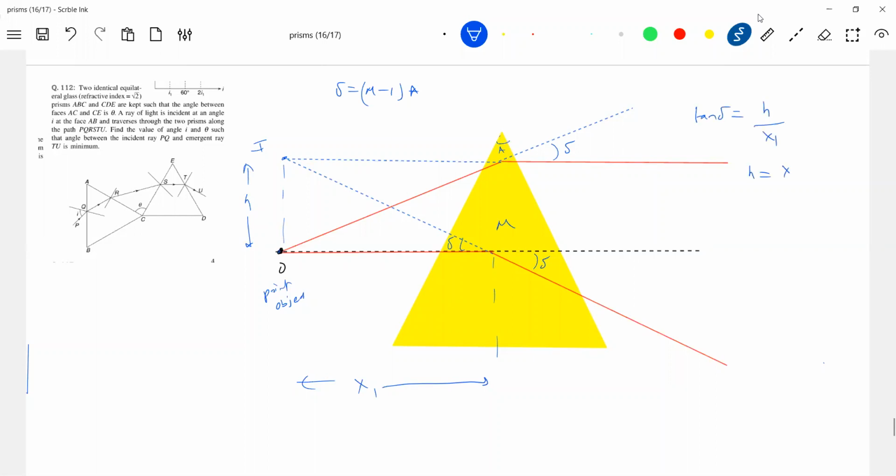So h is equal to x1 into tan delta. At that particular height, we can look at it. And what is the delta? Delta is mu minus 1 into A. Substituting that, we'll get the height at which that image will be, virtual.